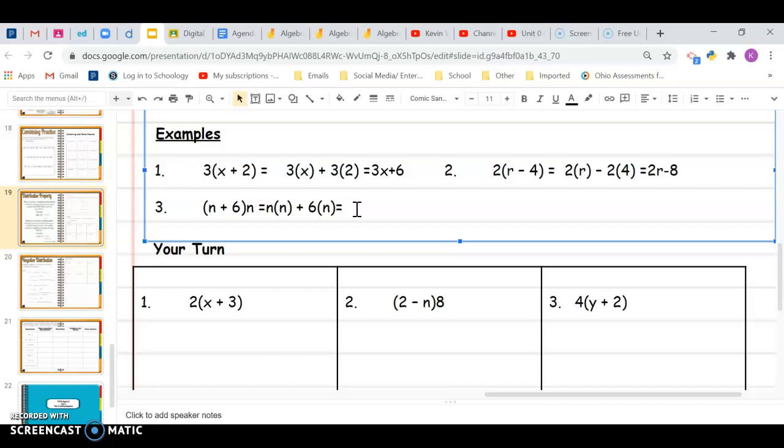If we have 2 n's being multiplied together, that's going to give us an n to the second power. So we have n to the second power. I'm just going to put that in a set of parentheses just so we don't get confused. And then we have 6 times n. So 6 is being multiplied times a variable. We just rewrite that as 6n. And then that is my answer.